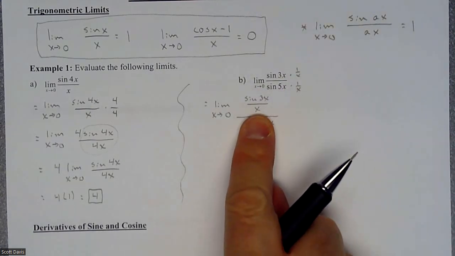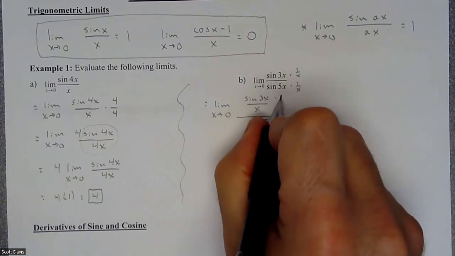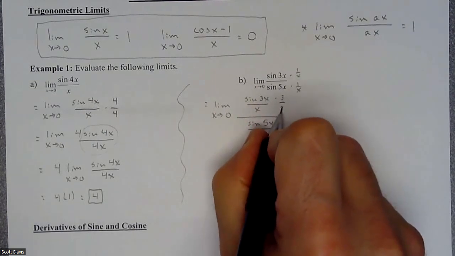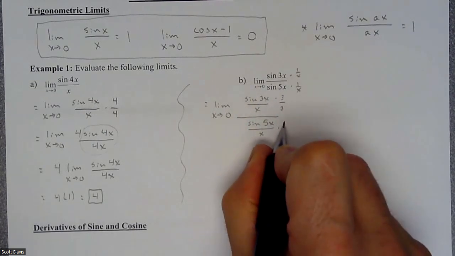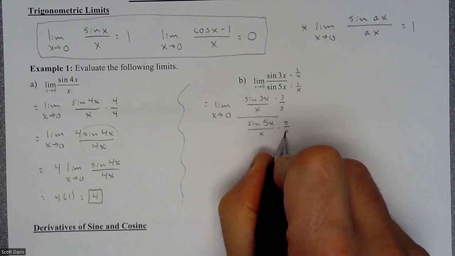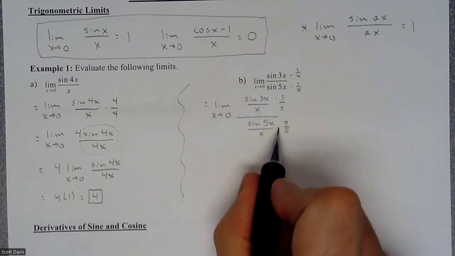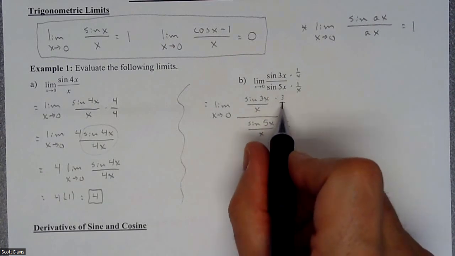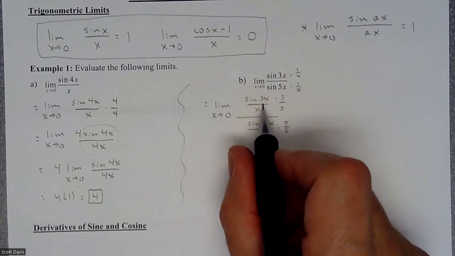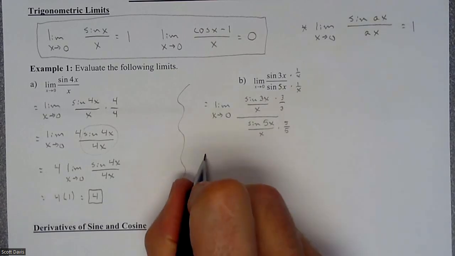So we're going to manipulate this fraction by multiplying it by 3 over 3, and we're going to multiply this fraction by 5 over 5. And again, I'm just changing the look of it. I'm multiplying by 1, which doesn't change the overall value. It just changes the look. And look is what we need.